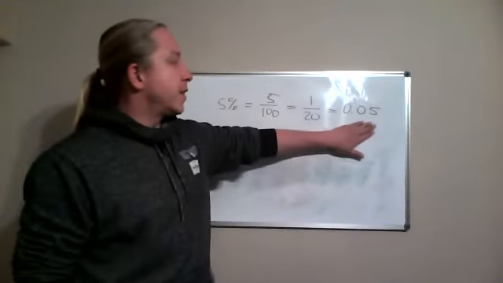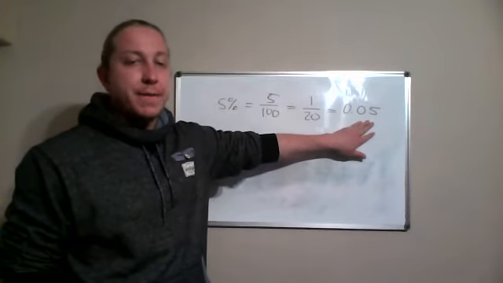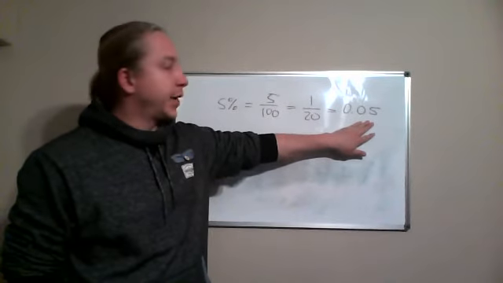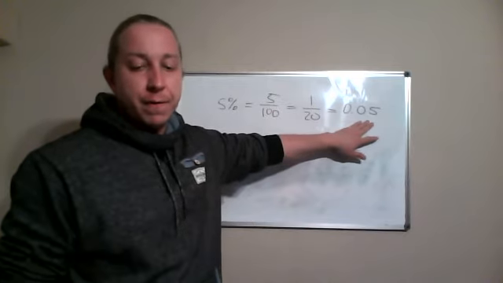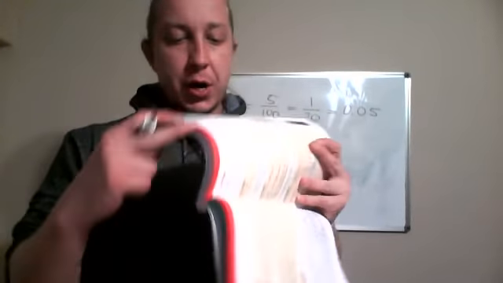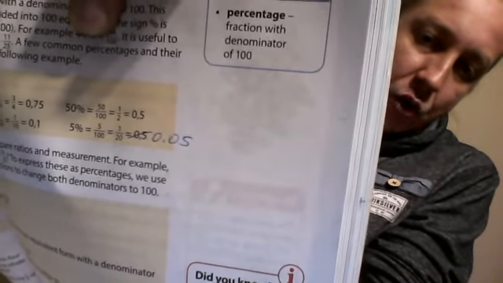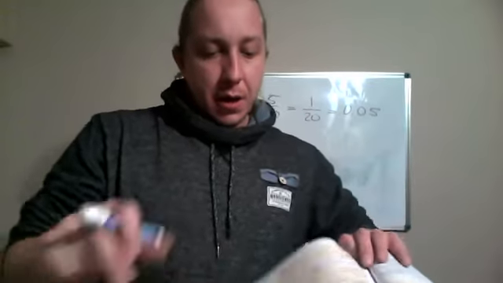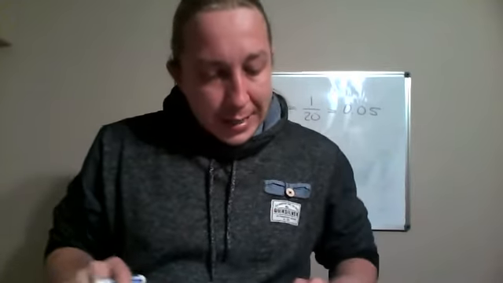Okay. In the book, they have 0.5, and that is incorrect. It should be 0.05. Okay, I'll try to show you if you can see on the book here. So there we go. See where it's crossed out with my pen? It should be 0.05. All right, cool. So let's carry on.